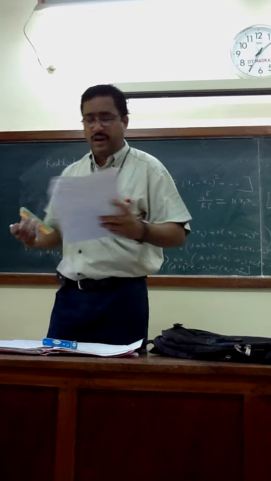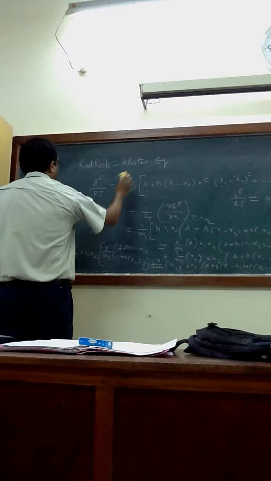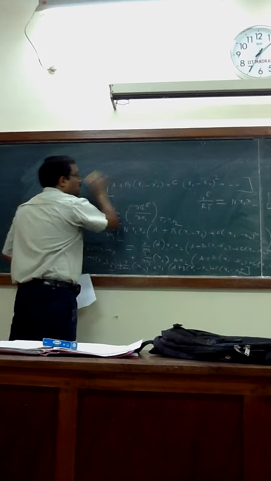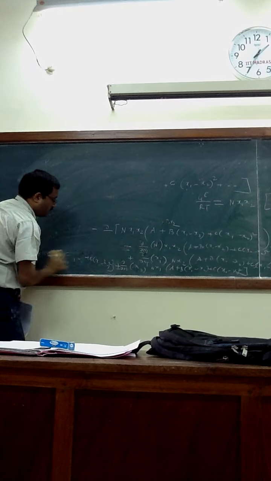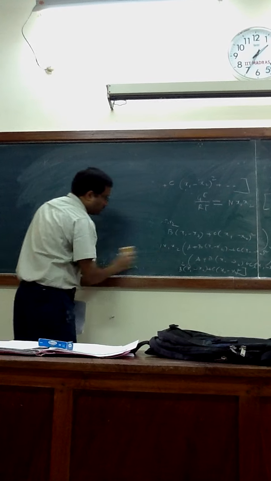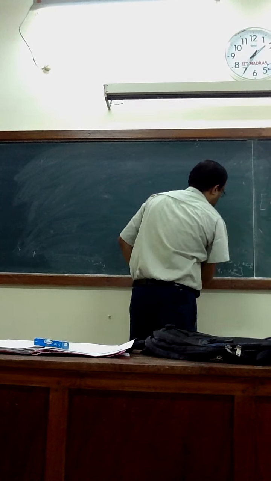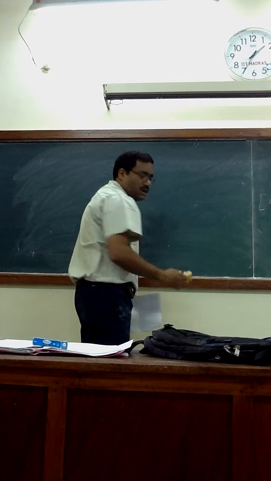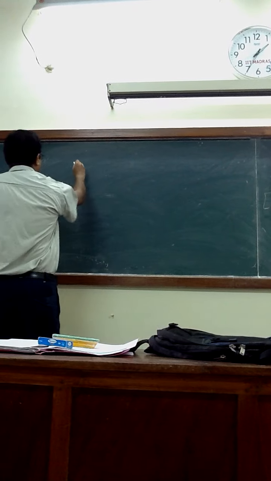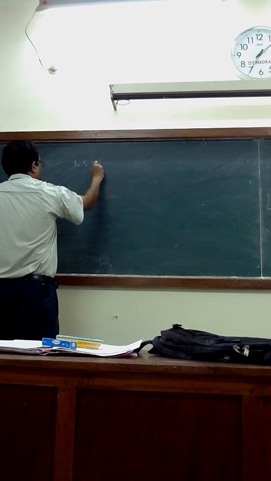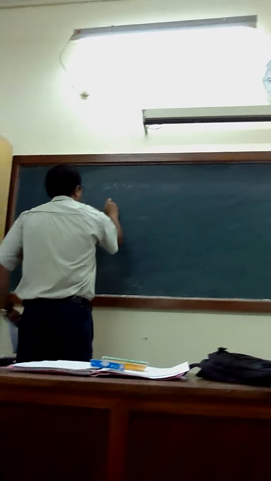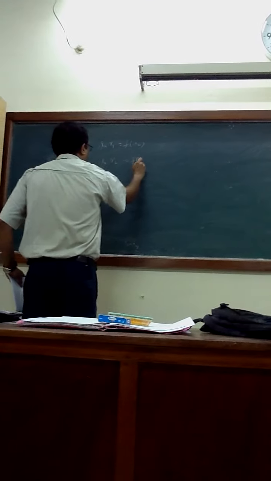So what is the final form in terms of function of x2? Generally for these models we have ln gamma 1 function of x2, ln gamma 2 function of x1.